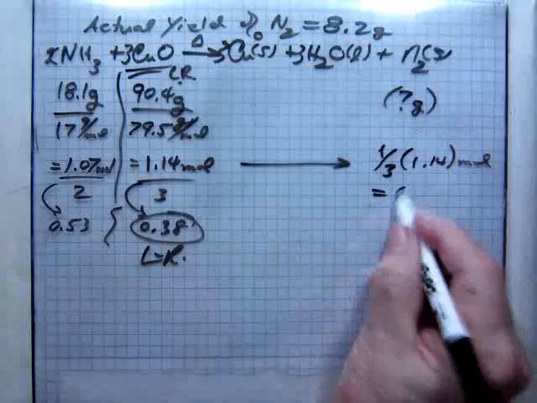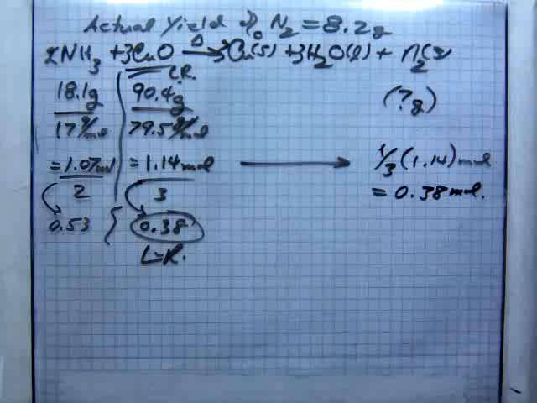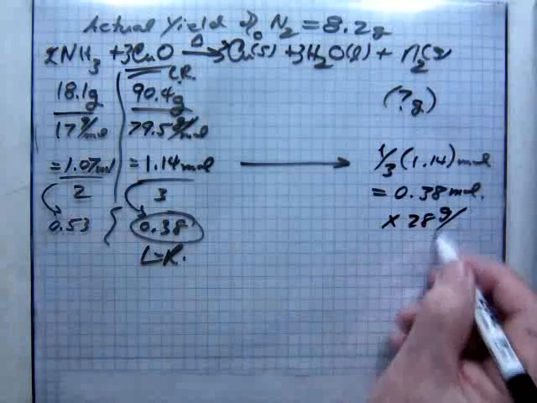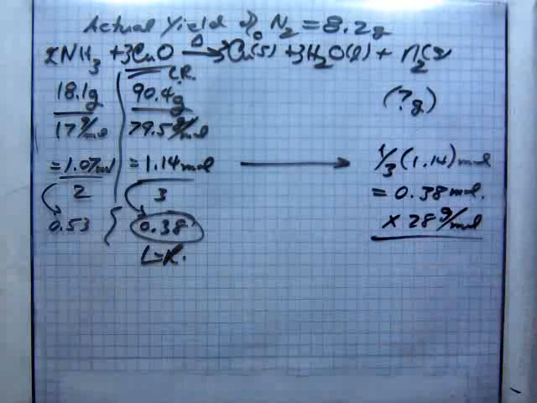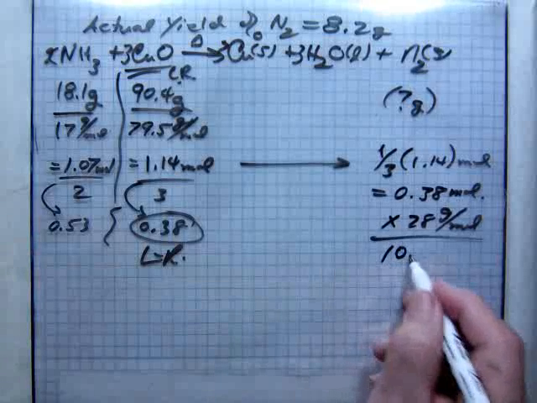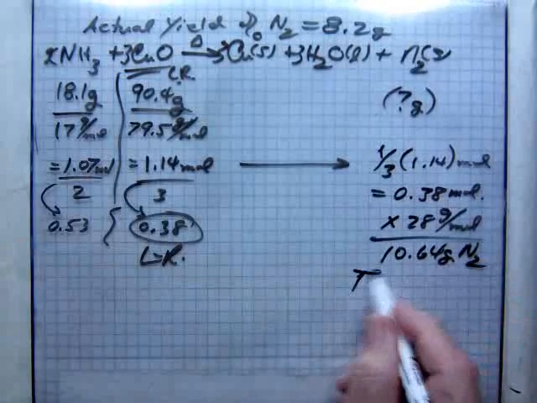That's 0.38 mole generated. Well, 14 is 28, so times 28 grams per mole is 10.64 grams. This is the theoretical yield.